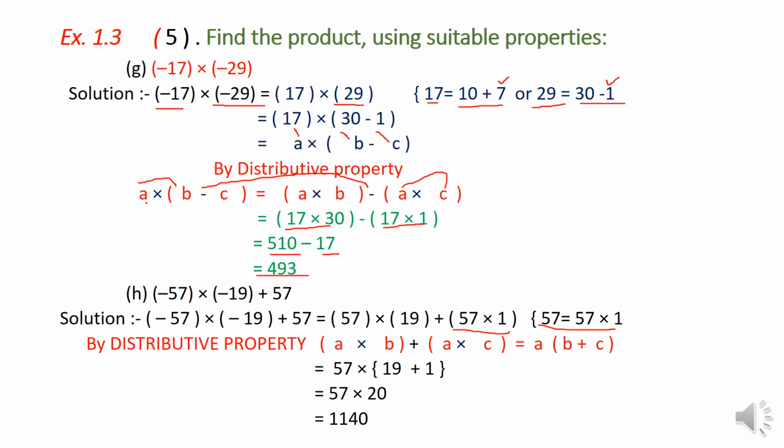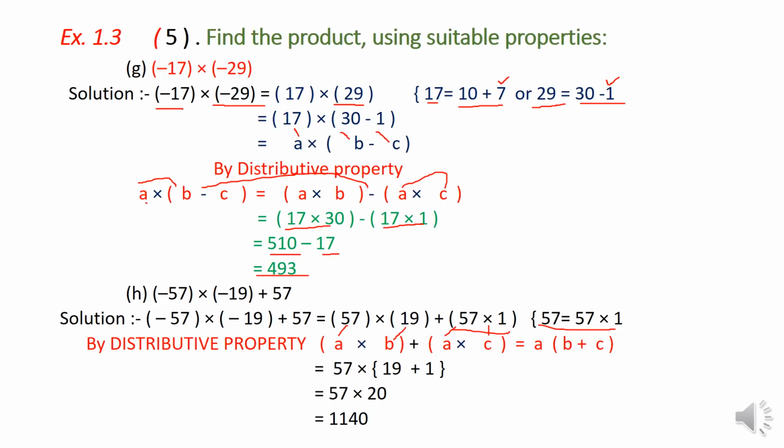So, we will distribute it like this, 57 multiplied by 19 plus 57 multiplied by 1. Now, by using the distributive property, A is 57 because A is the common term. B is 19 and C will become 1. So, according to the property, A multiplied by B plus A multiplied by C is equal to A into B plus C. This is the reverse order of the distributive property.